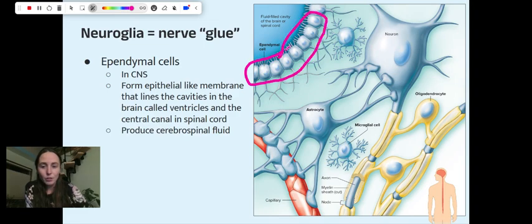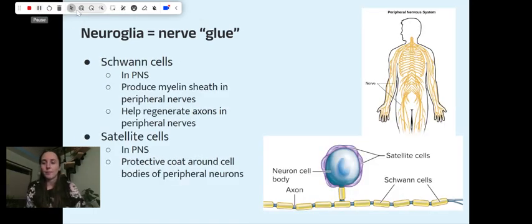They produce cerebrospinal fluid, which is what keeps our brain floating nicely. It also really helps prevent damage if we were to get hit by something or fall over or have some sort of collision. So they are there producing that important fluid for us.